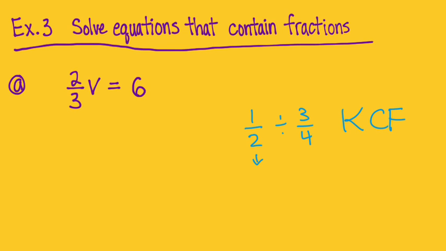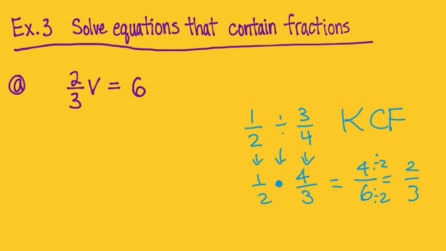I keep the first fraction, I change the sign to multiplication, and I flip the second. And now I can go ahead and multiply. And I get 4/6, multiplying straight across. And I can reduce that, dividing each by 2, to get 2/3.